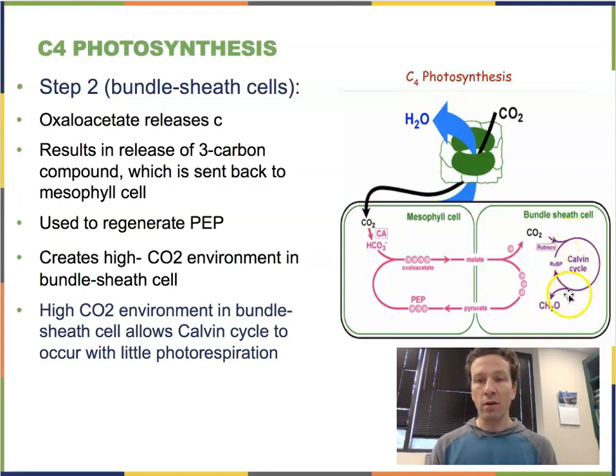The normal Calvin cycle will be able to go forward at a high rate. So what this then allows is, even in a hot, dry environment, if the plant has this setup and it has PEP carboxylase, then it will be able to continue doing photosynthesis even as the plant has to close its stomata. So that then concludes what we need to say about the Calvin cycle and C4 photosynthesis.